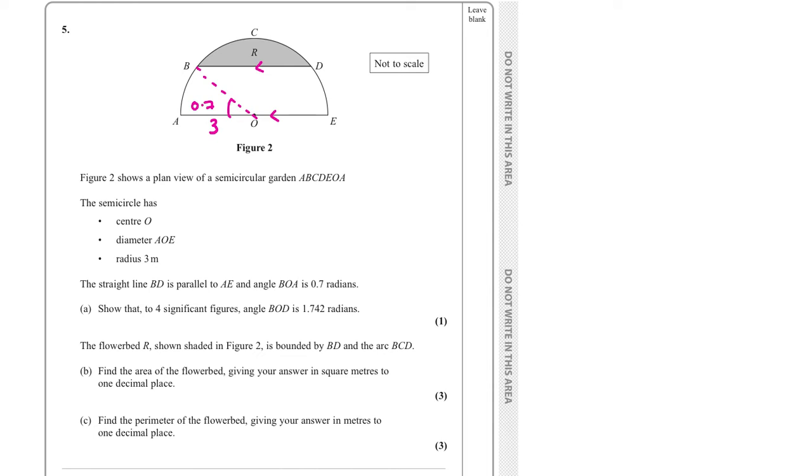So, radians, here we go. Then, show me that to 4 significant figures, angle BOD is 1.742 radians. So we've got to show this.